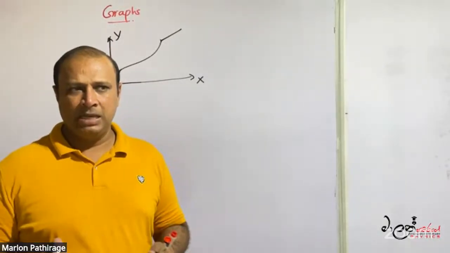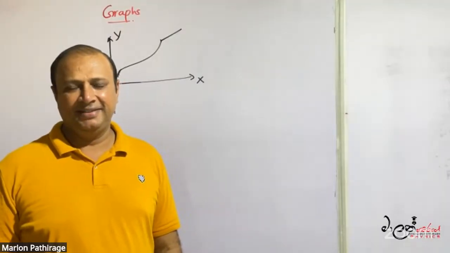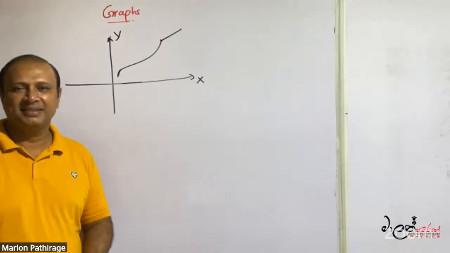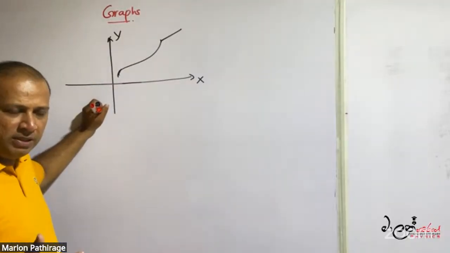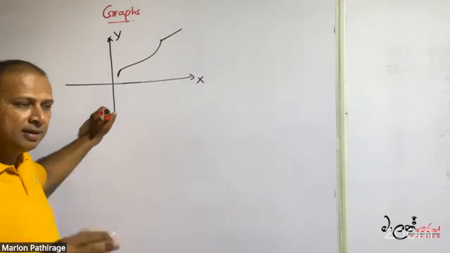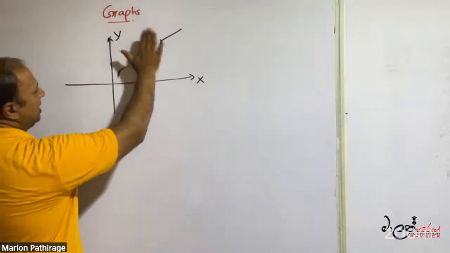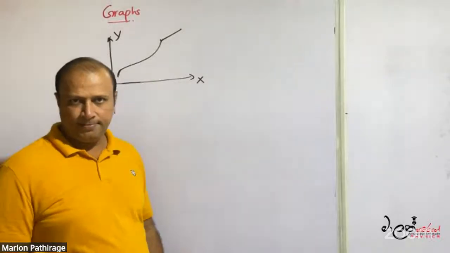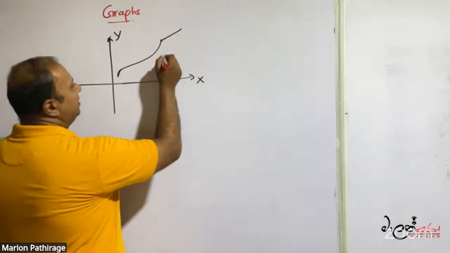Then, how to draw a graph? As I mentioned earlier, a graph is a simple drawing on the Cartesian coordinate. This is the Cartesian coordinate, with X and Y as the two axes.